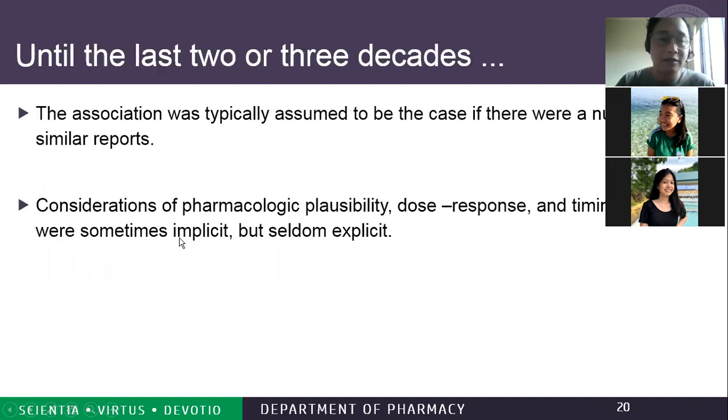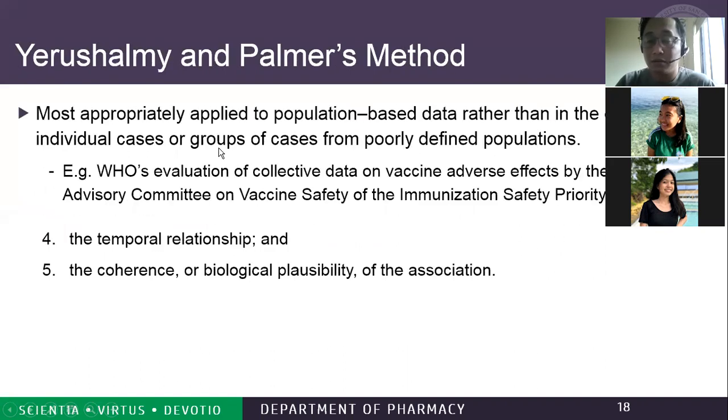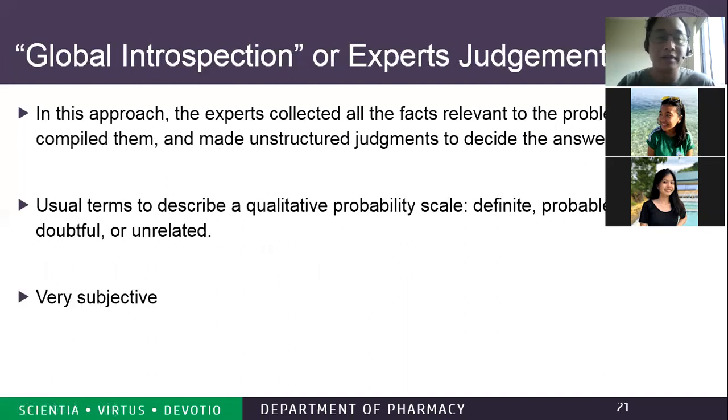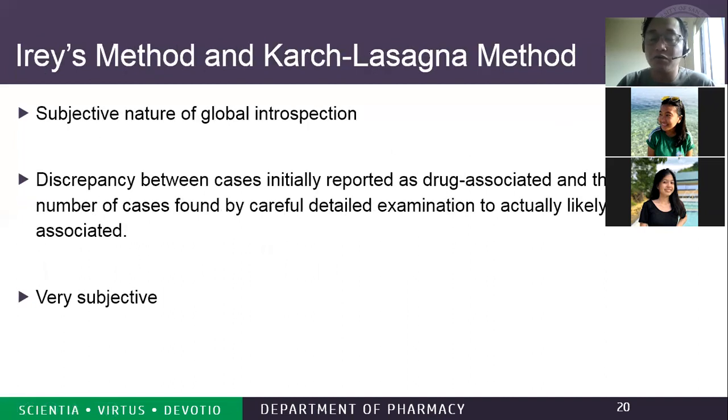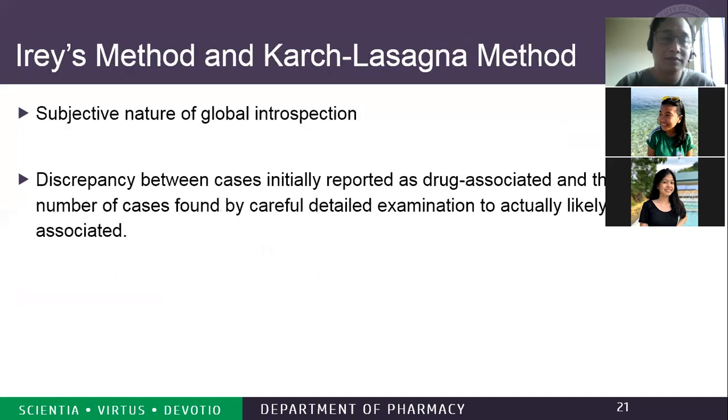But it is not only Yerushalmi and Palmer's criteria. Some experts then tried to develop methods to associate any event with particular drugs, for example Irey, and also Karch and Lasagna.